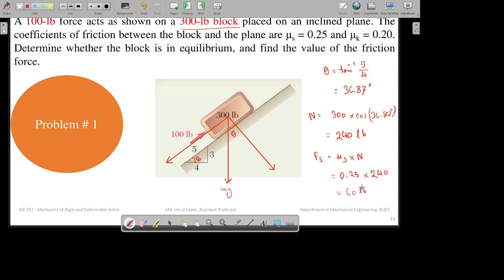Right, now we need another thing, the force along the plane downwards, this component. It will be mg sine theta, as the other was mg cos theta.